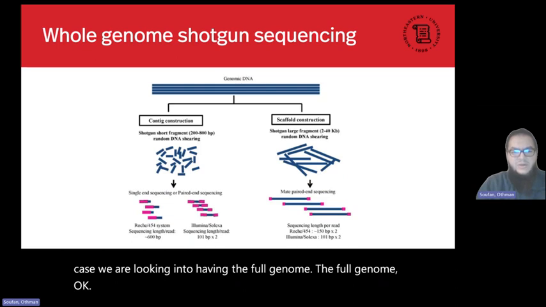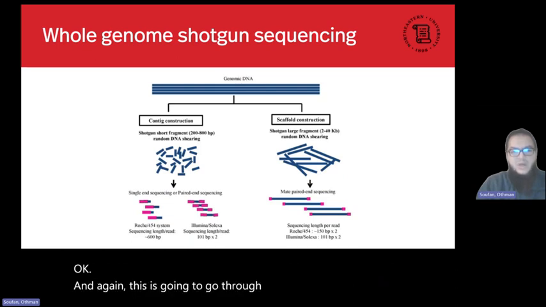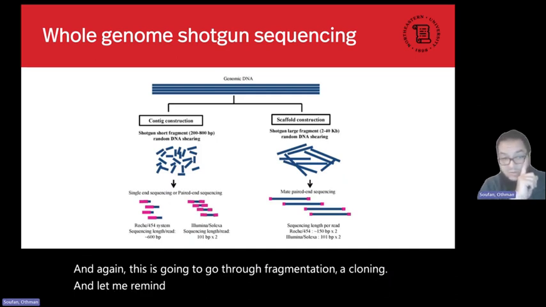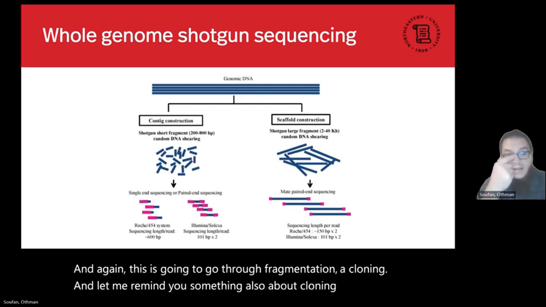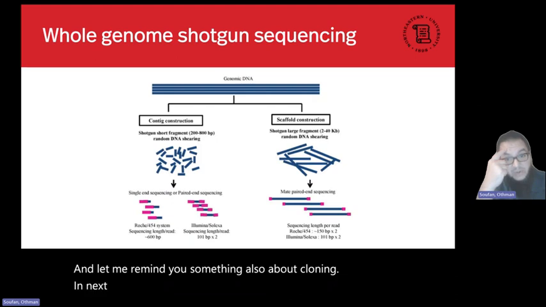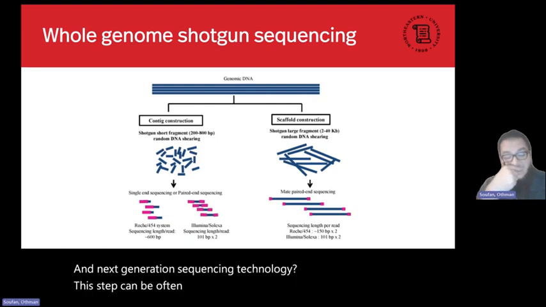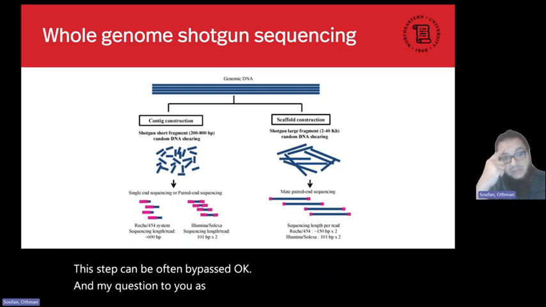And again, this is going to go through fragmentation and cloning. Let me remind you of something about cloning. In next generation sequencing technology, this step can often be bypassed. And my question to you, as a treasure hunt question, can you explain?